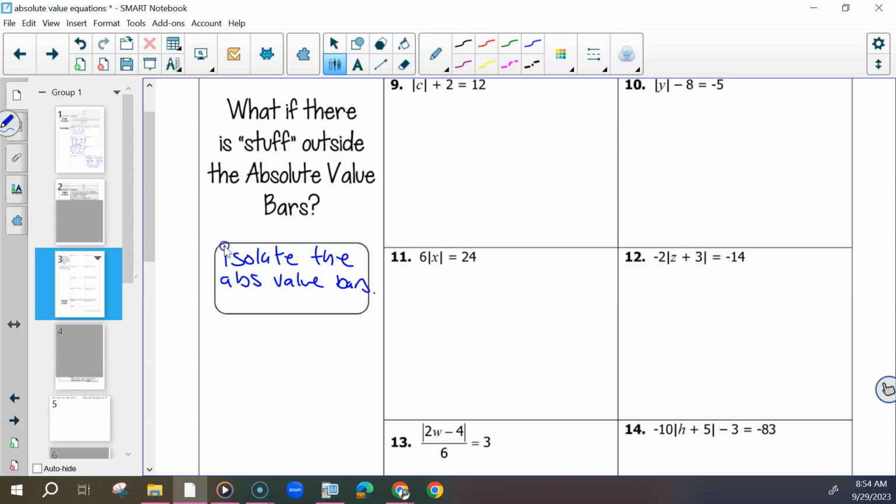So let's try number 9. When we isolate the absolute value bars, we have to think about whatever's inside the absolute value bar. We don't touch that. We leave that alone. That's like our X we're trying to solve for. We get rid of everything else on the outside like we would solve a normal problem. So how would we get rid of this 2? Subtract.